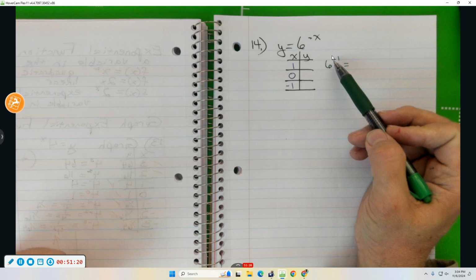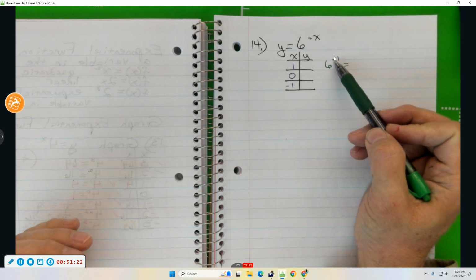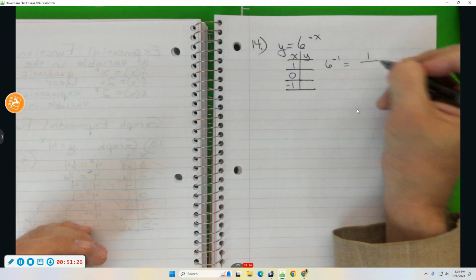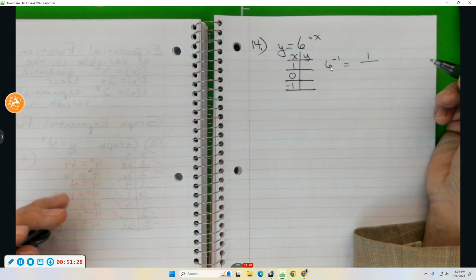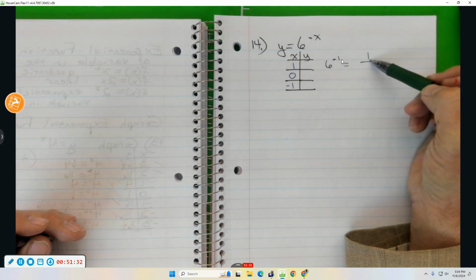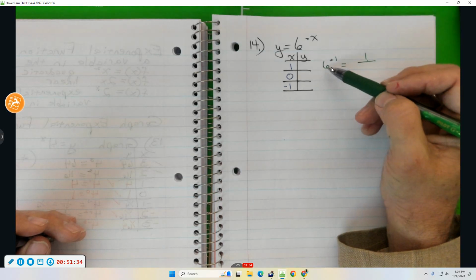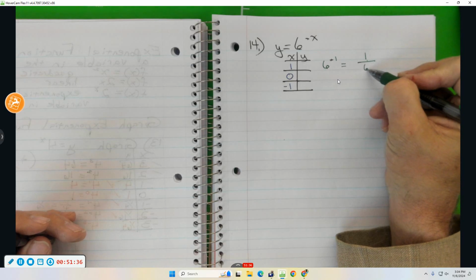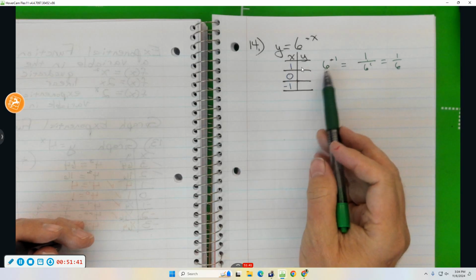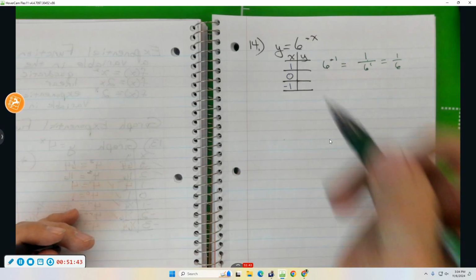To get rid of that negative, you have a 1 over, and then what do you have in the bottom? The negative became the 1 over, and in the bottom you have 6 to the first. And 6 to the first is just 6. So 6 to the negative 1 is the same thing as 1/6.